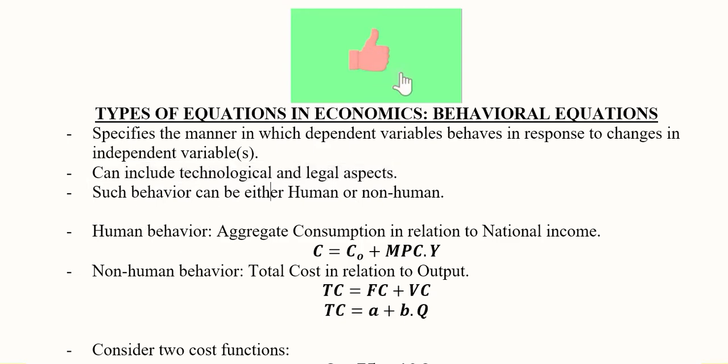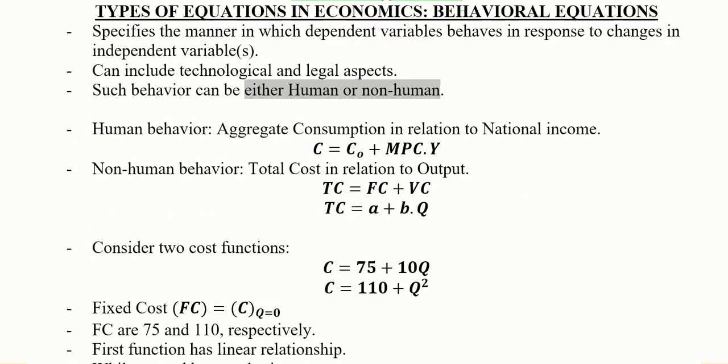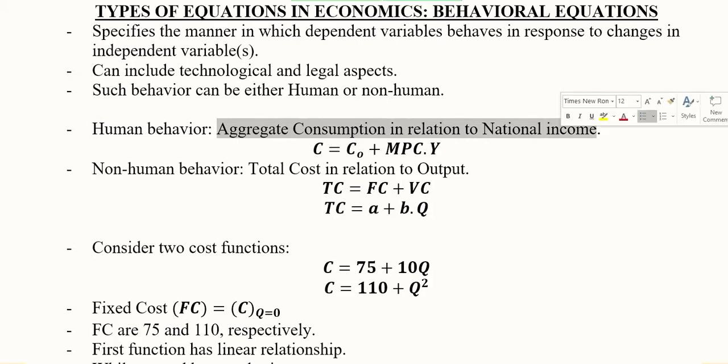Now, behavior can be human and non-human, and that is something we understood already. From the point of view of human behavior, aggregate consumption in relation to national income is something we are going to see.